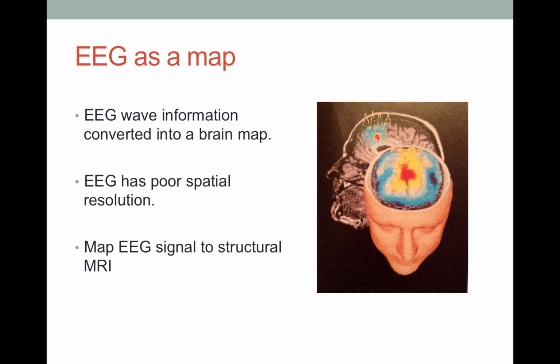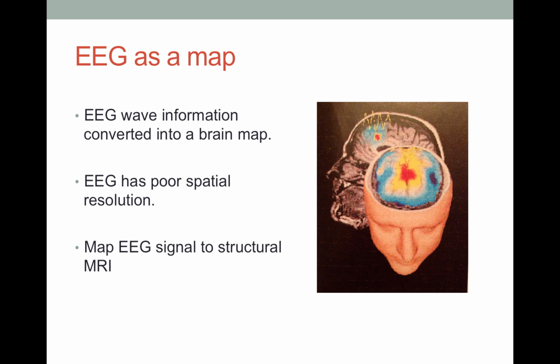And we can also convert this EEG wave information into a brain map. Sometimes what researchers do, because of the poor spatial resolution of EEG, is they collect a structural MRI scan, which we will be talking about in another lecture, which is a high-resolution structural scan of the brain. And the researchers will then apply this EEG signal onto the structural MRI scan.